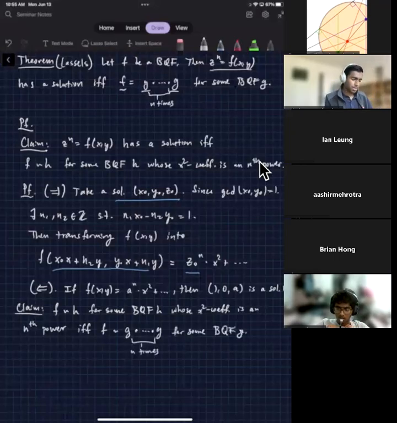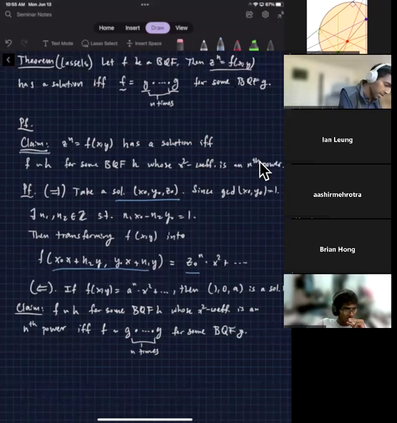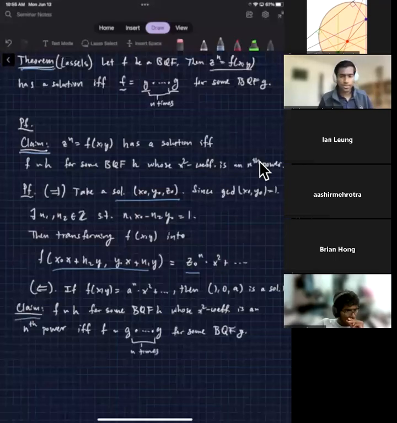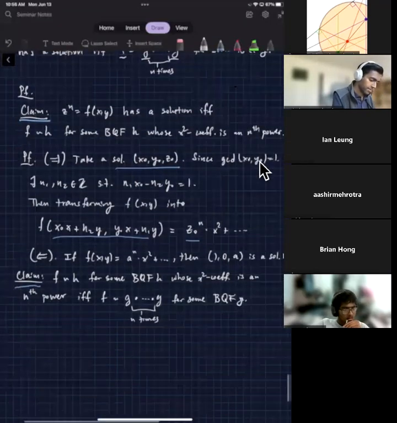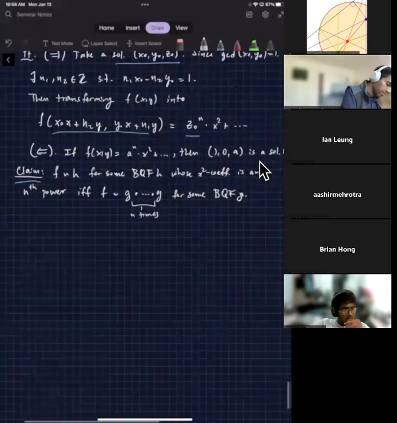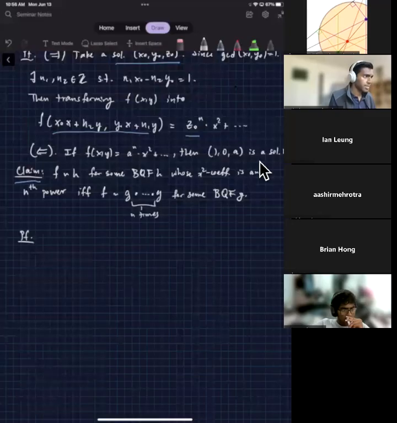Okay. So if you combine this claim with the previous claim, then you'll get the theorem of Castles. Okay. So let's prove that. This is a bit of a more difficult claim.